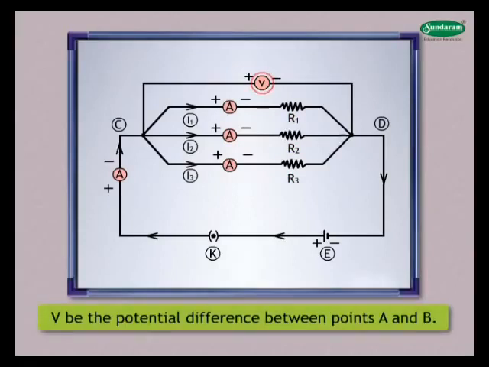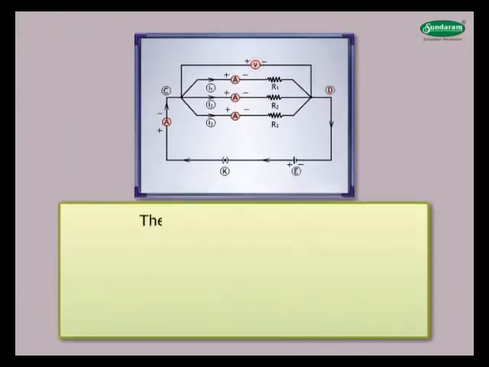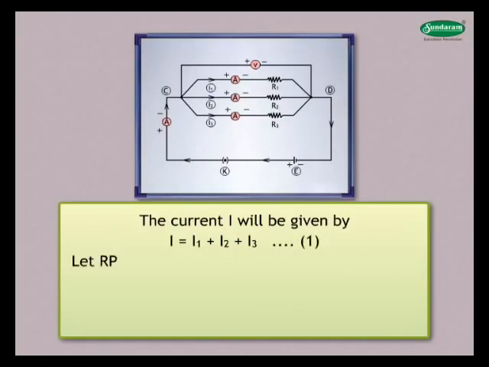Let V be the potential difference between points C and D. The current I will be given by I is equal to I1 plus I2 plus I3. Let us mark this as equation 1. Let Rp be the effective resistance in the circuit.